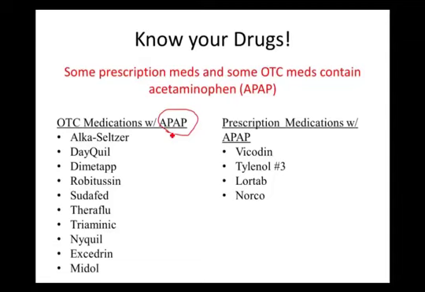And then they get sick, so they start taking Dayquil. They don't realize that Dayquil has acetaminophen. They develop a fever, so they take even more acetaminophen in a separate bottle. So there's potentially 3 drugs that they've taken in one day that have acetaminophen.